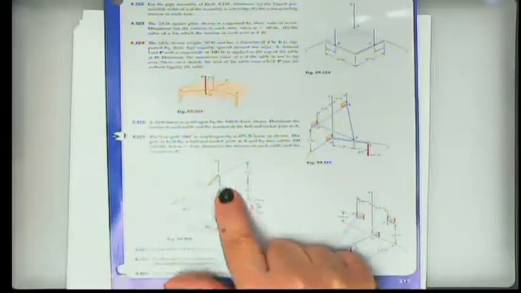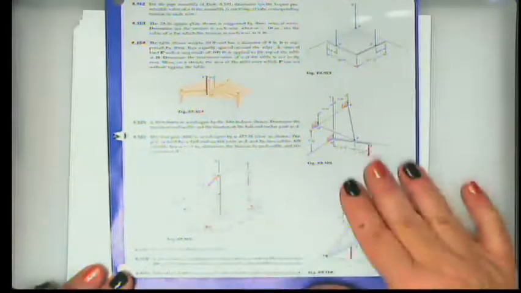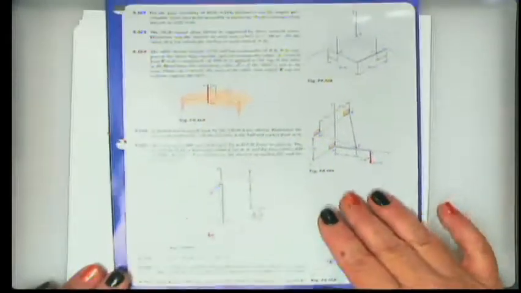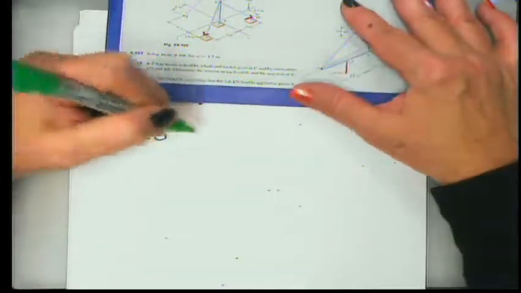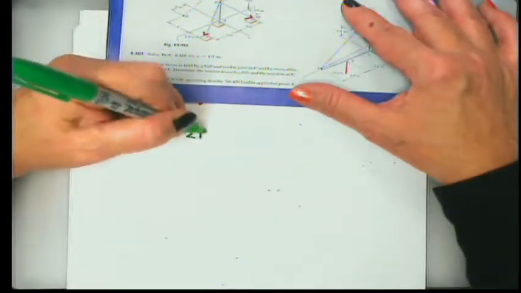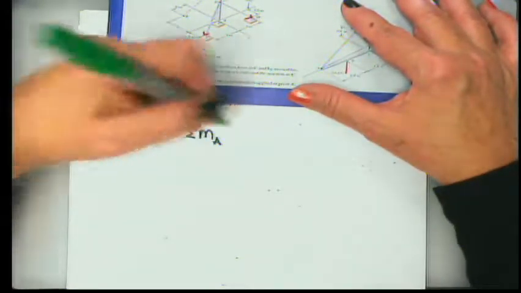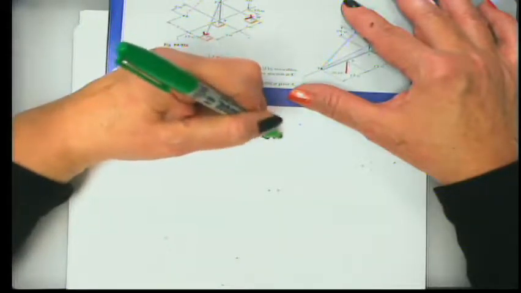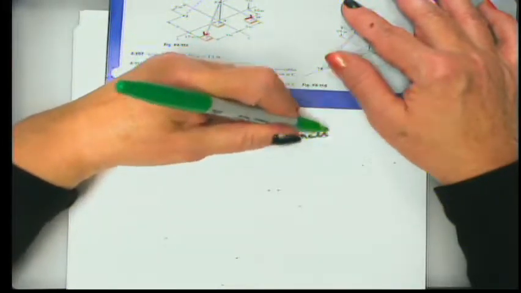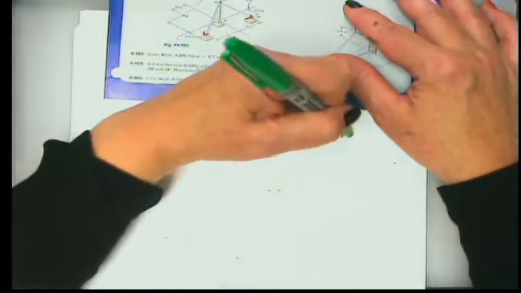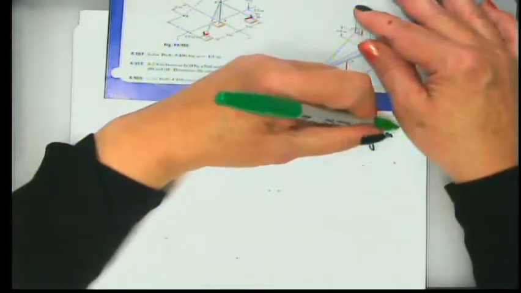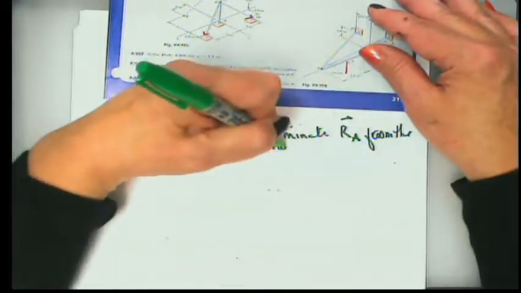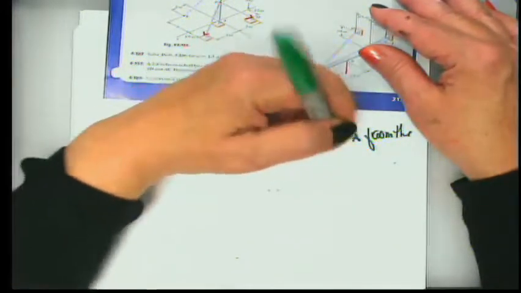So I'm going to set up 3 determinants here, taking the moments about point A, because that will eliminate the reaction at A from the moment equations. Because if the moment arm is 0, there's no moment of the force.